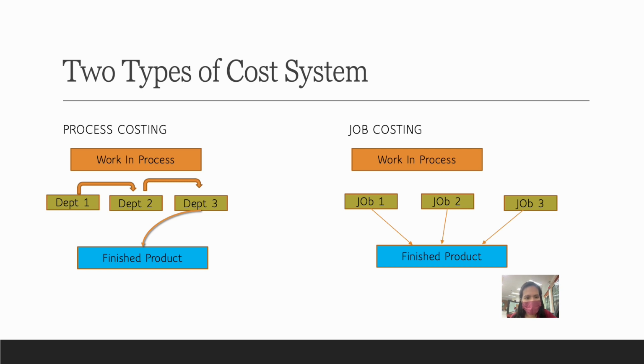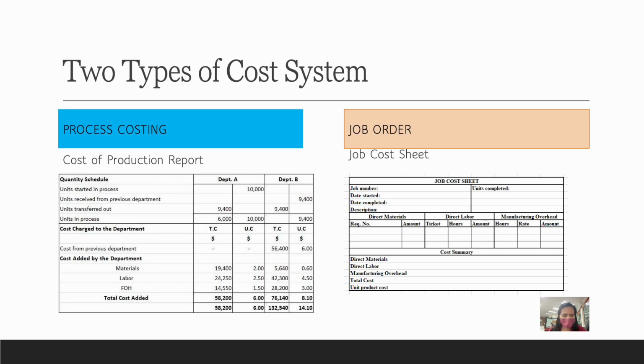So that's the main difference for both. And then for the documents used in these two types of costing: for process costing, we need to prepare the cost of production report, while for job order costing, we will make a job cost sheet.